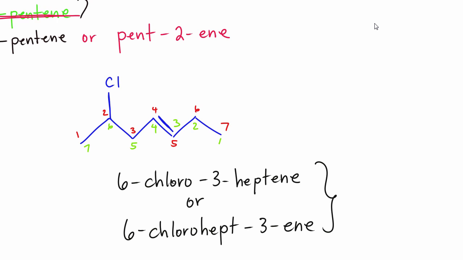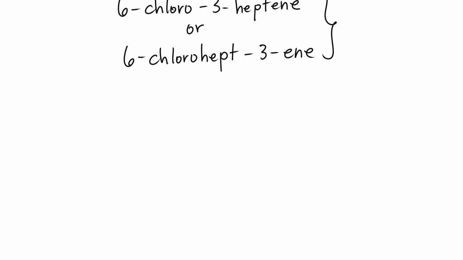Now, let's try another example. Let's say I have 2, 3, 4, 5, 6, 7 in that direction.